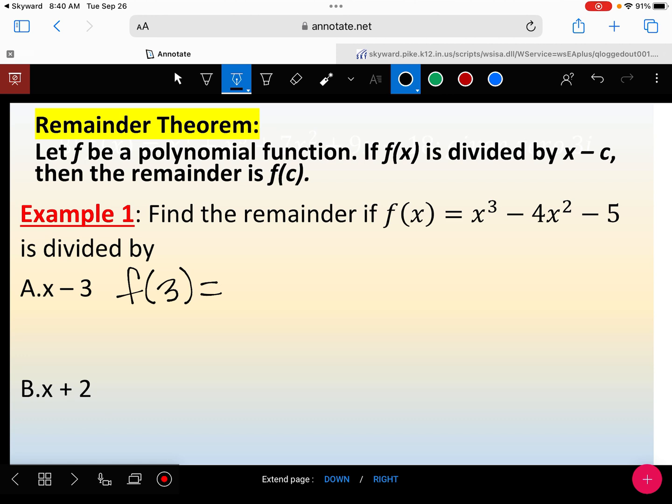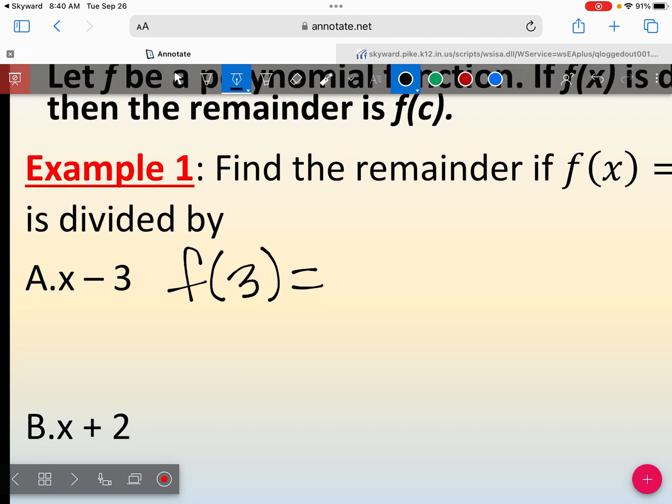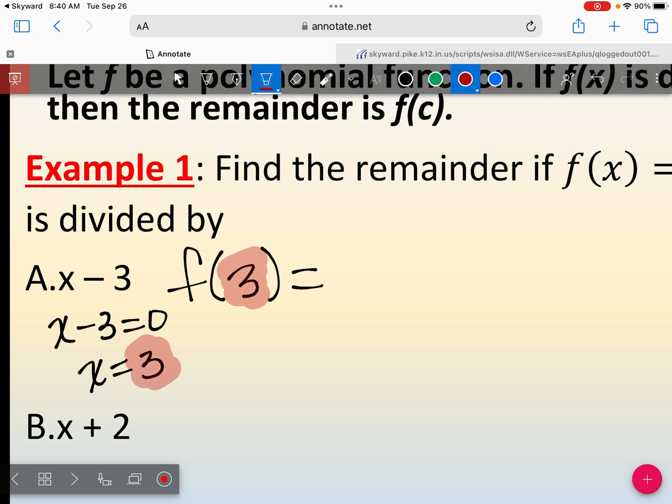How did I get the 3? You take your factor that you're dividing by, x minus 3, and set that equal to 0 to get that actual number. And this is what we are going to substitute in.